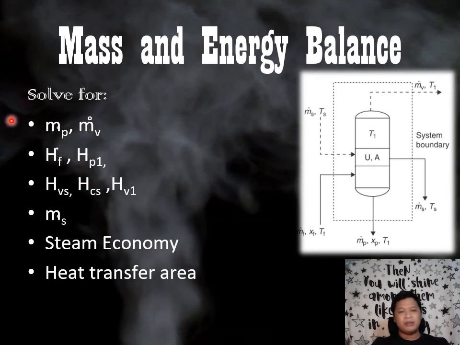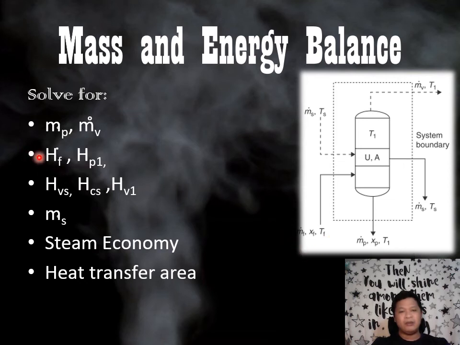Right, so we are to solve for the following. So ilan lang yung sinabi actually, no, para mga mass of steam, steam economy, and heat transfer area. But the underlying problem is to be able to solve for those things. You also need to get the mass flow rate of the product, mass flow rate of the vapor. Yung mass net ay yung combined mass nito syempre equal sa mass flow rate ng feed natin.